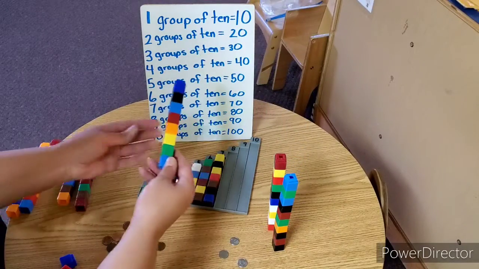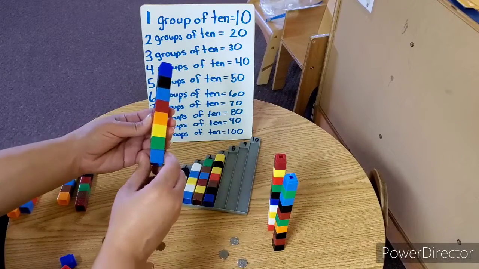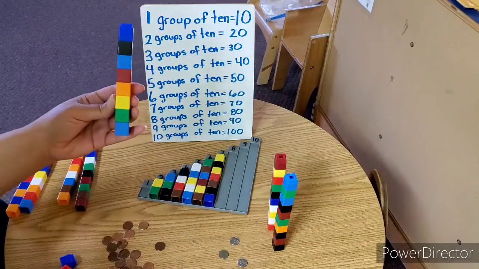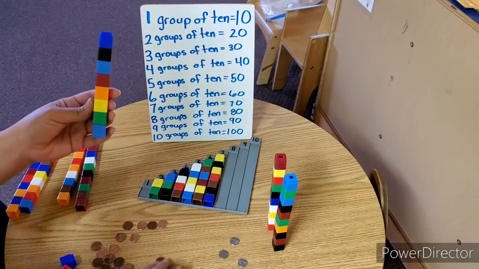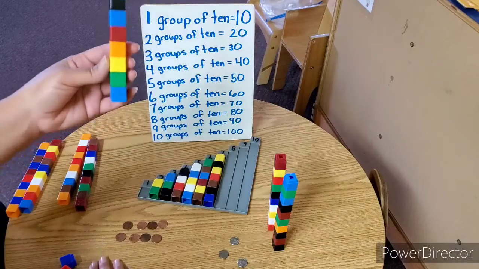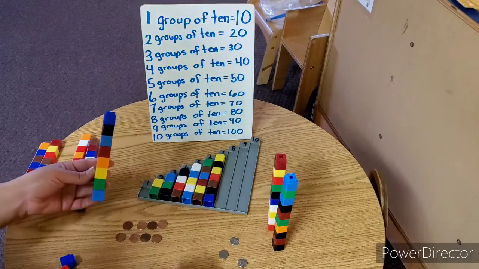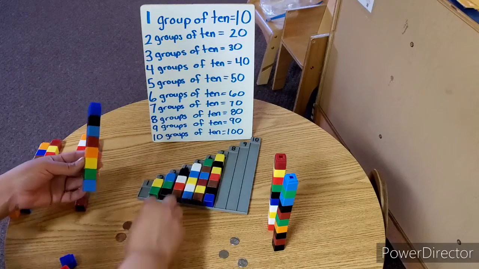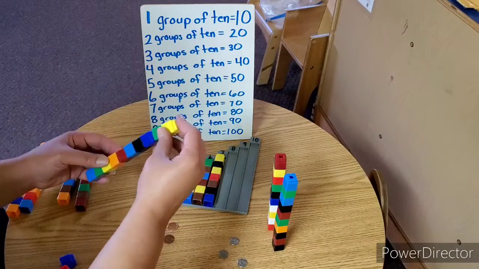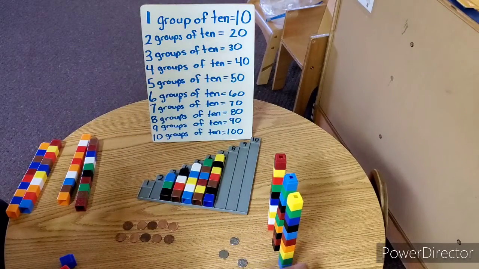Now right here I have 8. 1, 2, 3, 4, 5, 6, 7, 8. How many more do I need to give me a group of 10? 8 plus 2 more will give me a group of 10. Wow, 8 plus 2 gives me a group of 10.